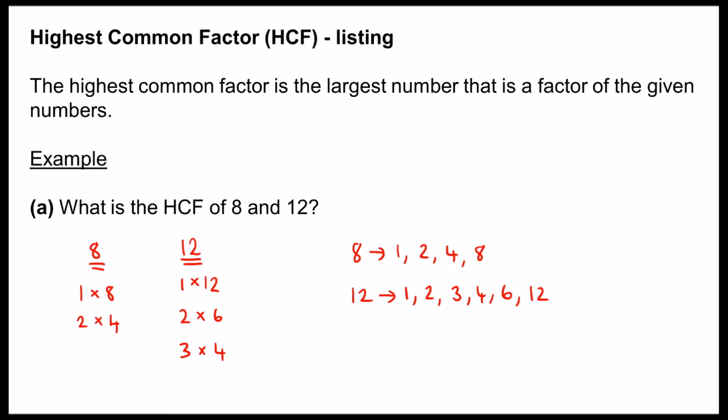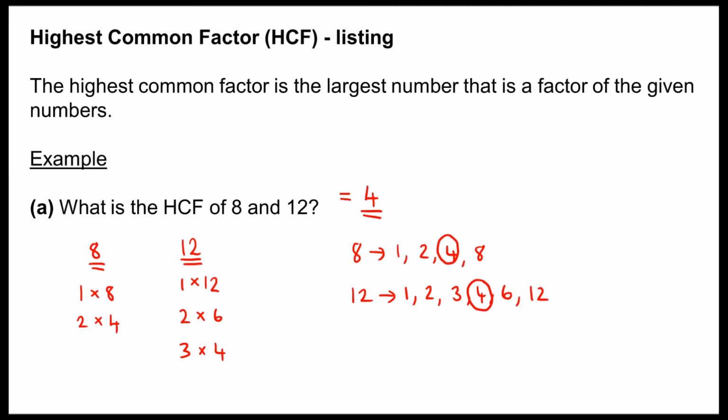Just like we did for the lowest common multiple, I can compare both lists to find the common factors of 8 and 12. This time I want to find the largest number that appears in both of the lists. I can see that the biggest number is 4. So I can say the HCF of 8 and 12 is equal to 4.